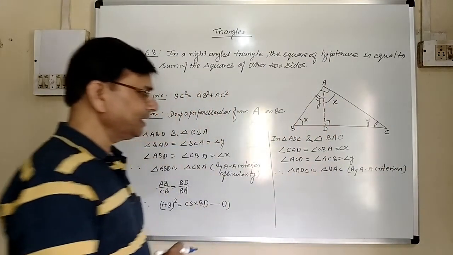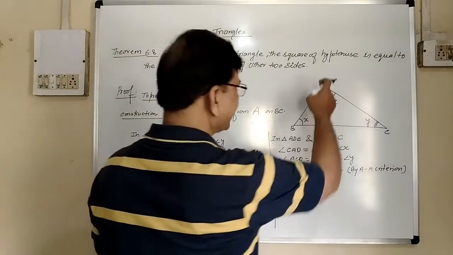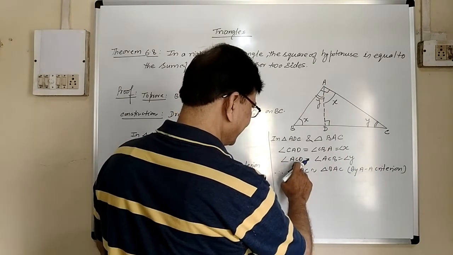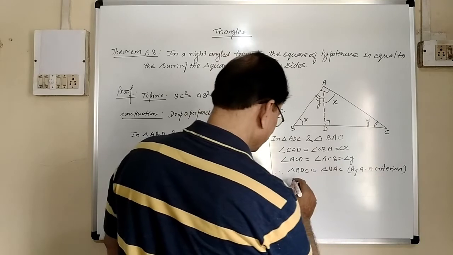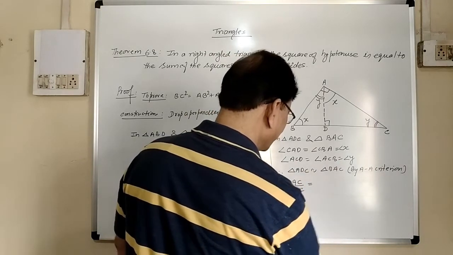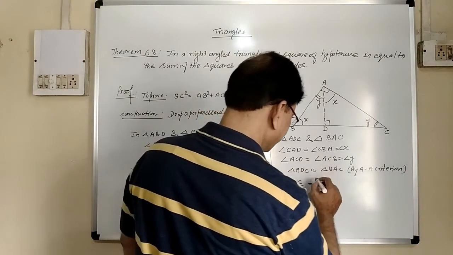These two triangles are similar, so the ratio of the corresponding sides will also be equal. AC corresponds to BC, so we write AC upon BC is equal to DC upon AC.